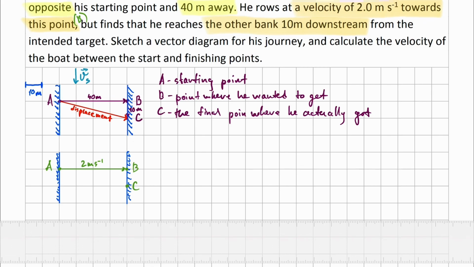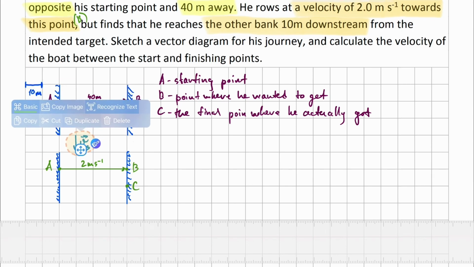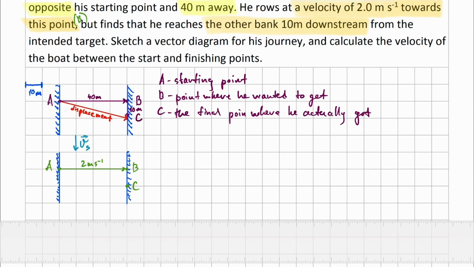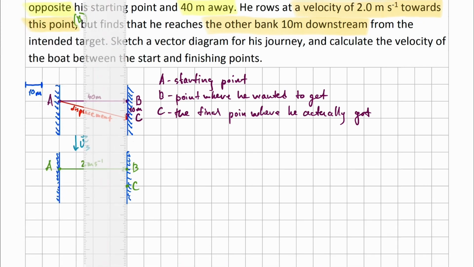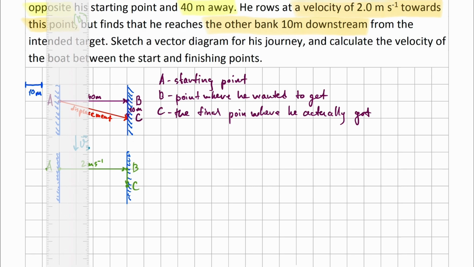Okay, so we also know that he ended up at the point C, not at the point B, which means that velocity also has another component. And now we get back to the speed of the stream actually. Okay, we can put it right in here. All right, so what it means for us is that there is a vertical component, and we'll drop it right in here. Okay, so this kind of velocity is actually the velocity of the stream.